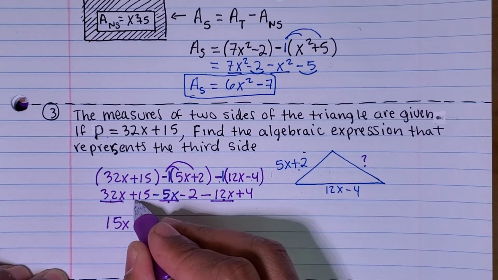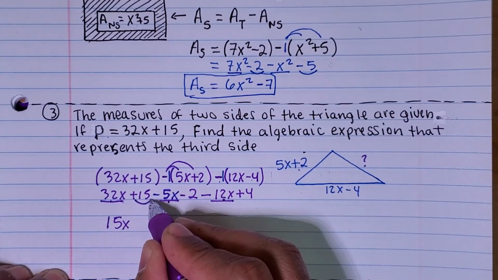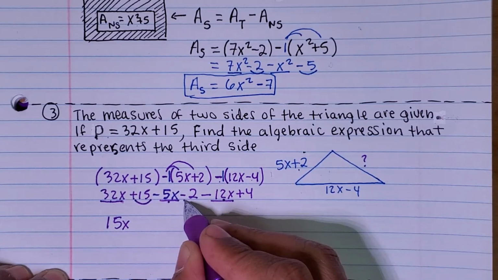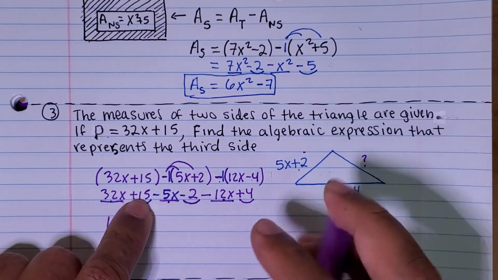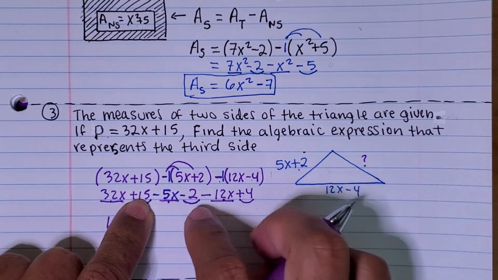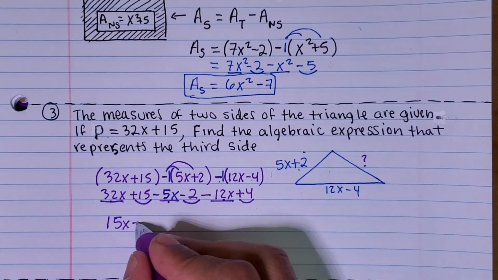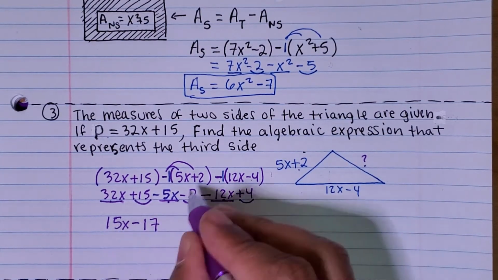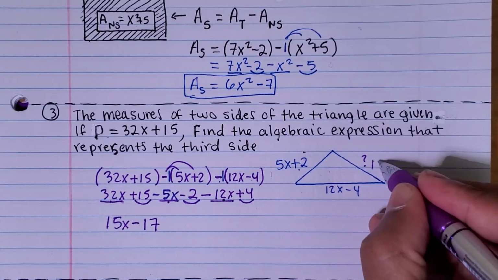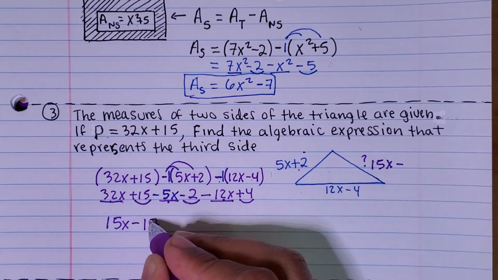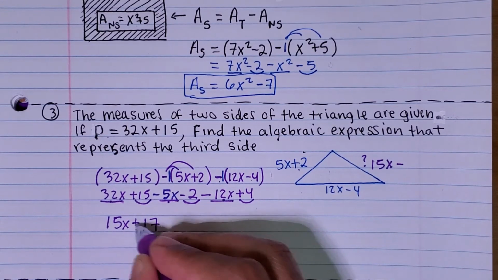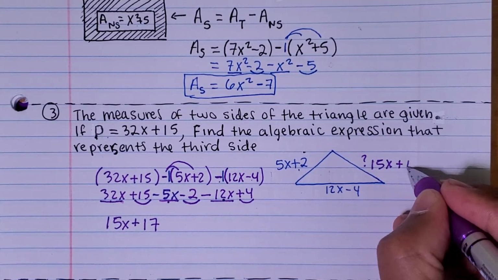Now let's do the constants. So positive 15, negative 2, positive 4. I'm going to combine the positives. 15 plus 4 is 19. 19 minus 2 is 17. So there is the length of the third side. This will be 15x, and this should be plus, right? Plus 17.